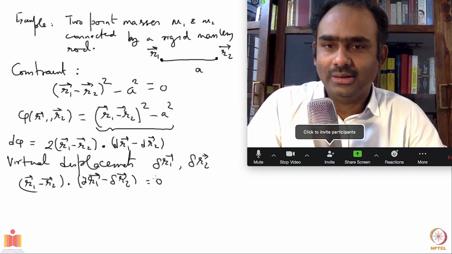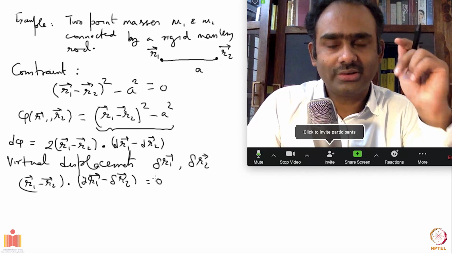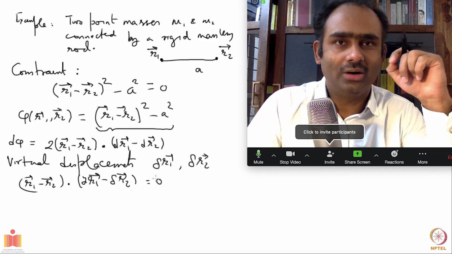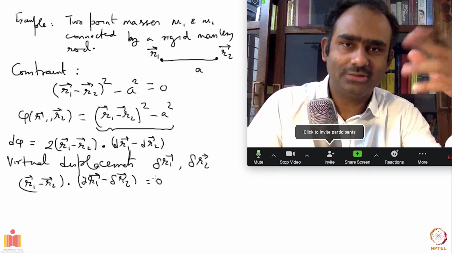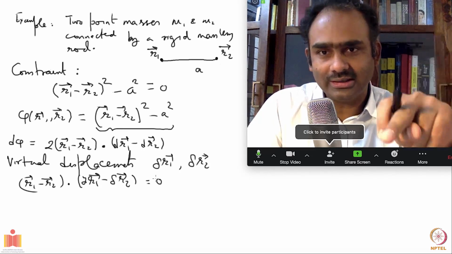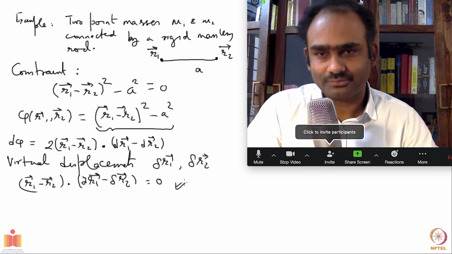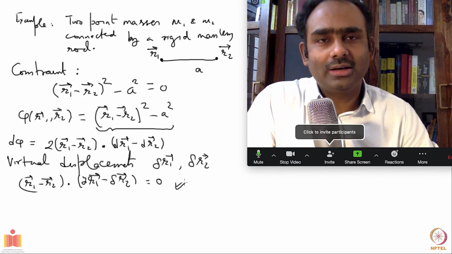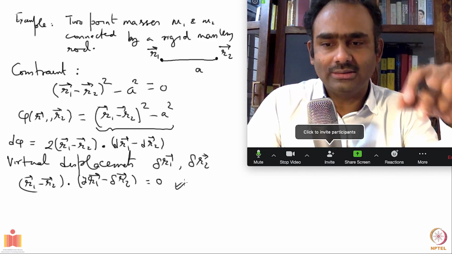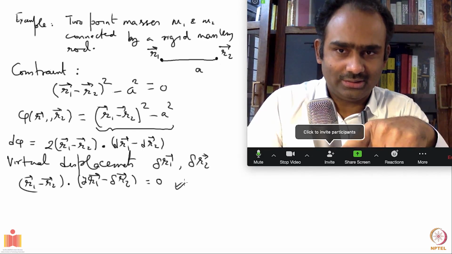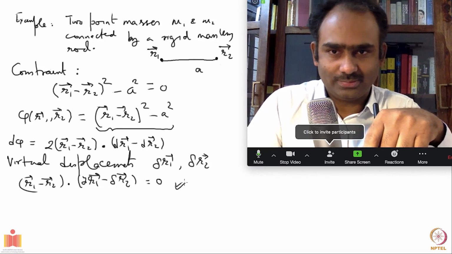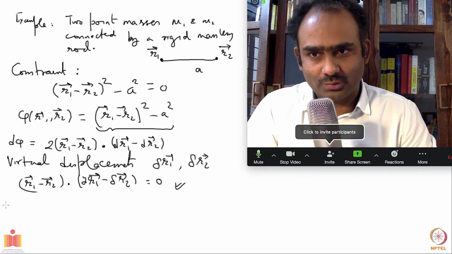So that is the constraint you have on the virtual displacements. If you take delta R1 to be something, then delta R2 is fixed by this relation. That's good. Now let's find out the work done in a virtual displacement. So let's find out the virtual work.